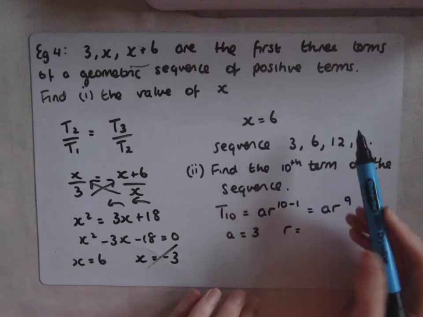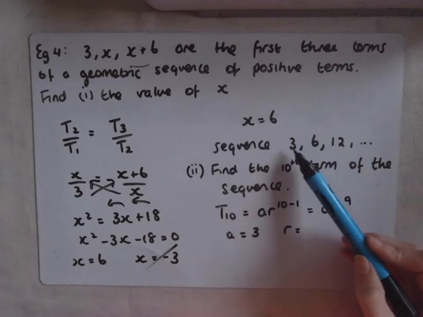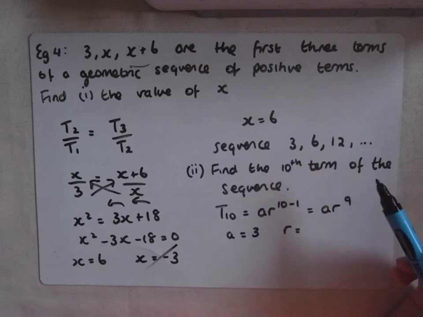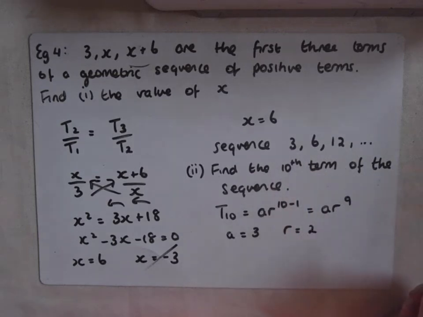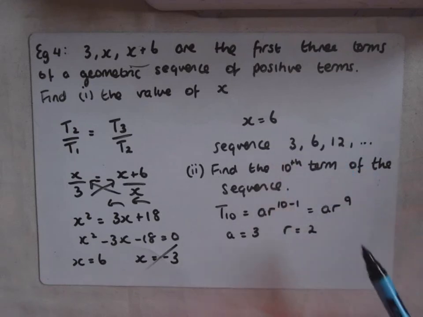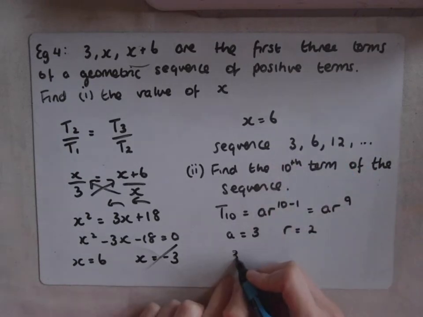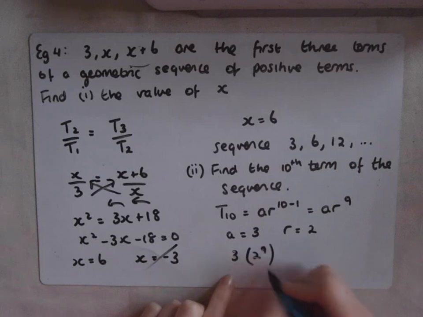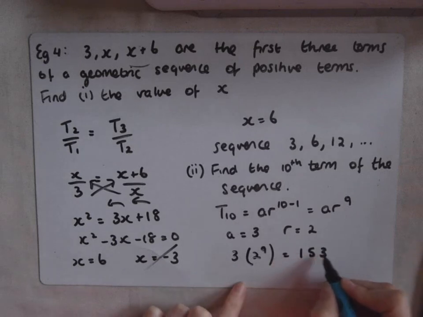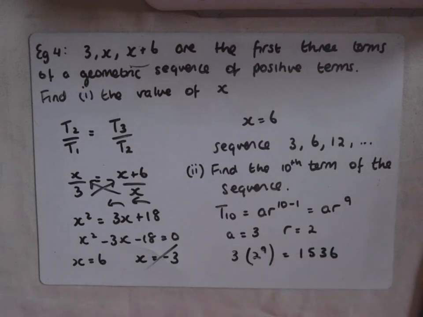So what are you multiplying this by each time? 2. Yeah, okay. If you're not sure how to get r, you do T2 divided by T1, 6 divided by 3, which is 2. So what we end up with is 3 by 2 to the power of 9. 1536. That's the 10th term.